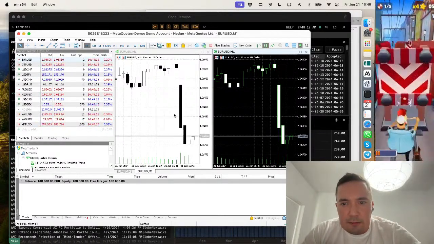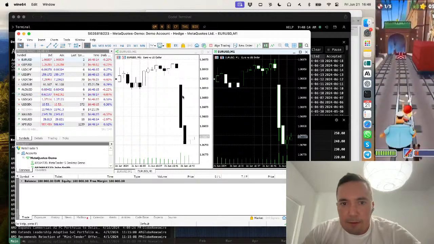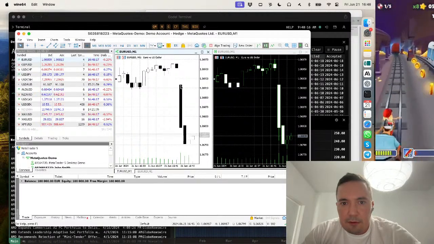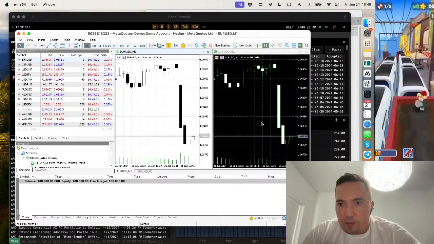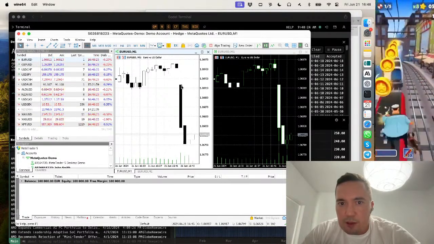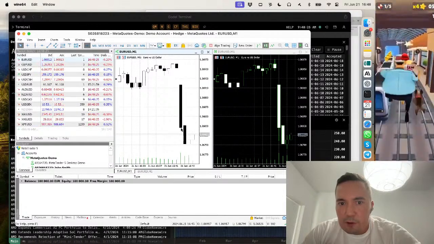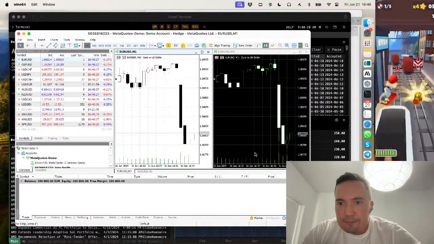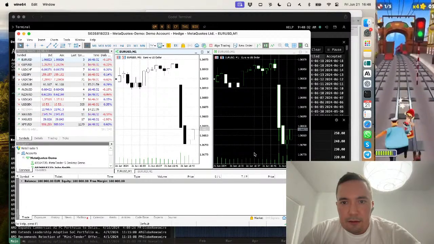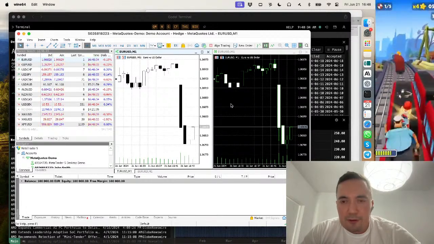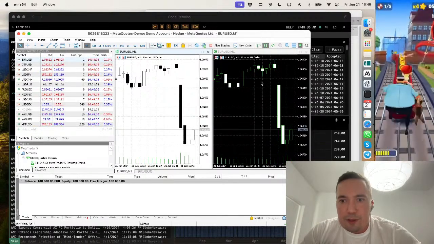It's the same price, just this filled candle is white in this case because of the black background, and it shows that the price went from here to here. And this way the candles show what's the open and close price.